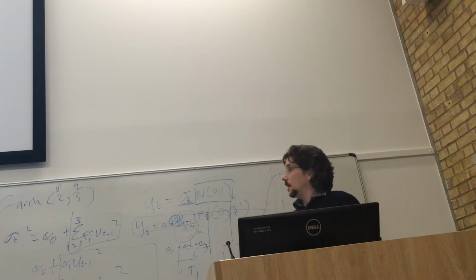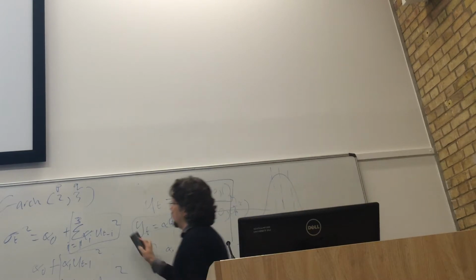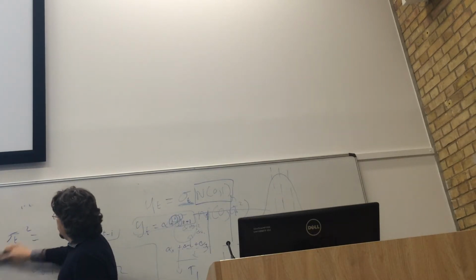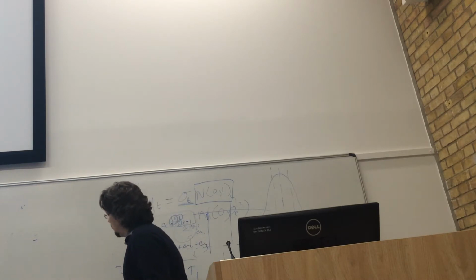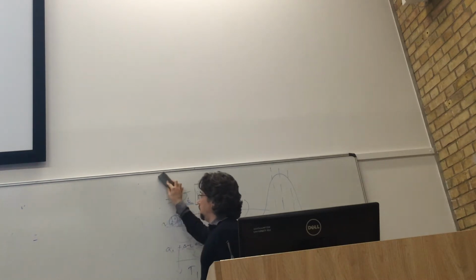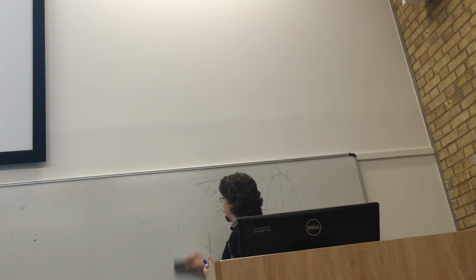Indicator functions are used a lot in econometrics. The indicator function is either 0 or 1, and if you multiply anything by 0, it's like removing it from the model.